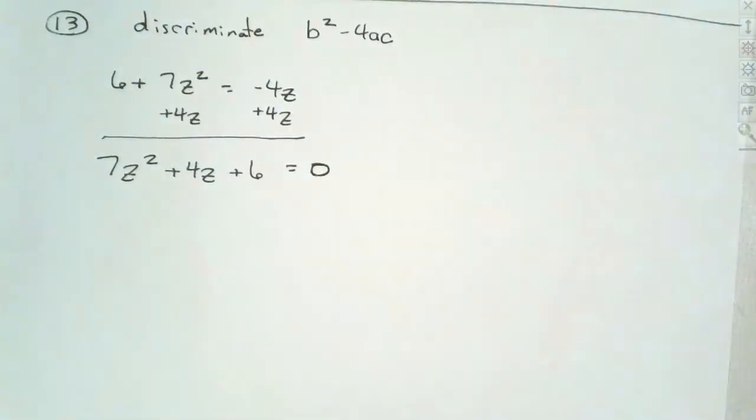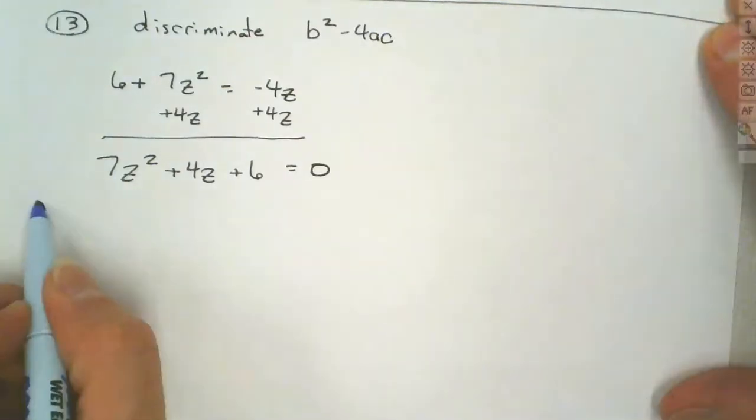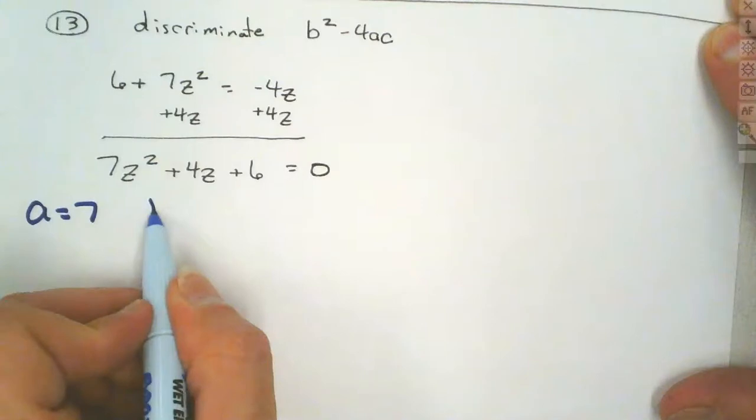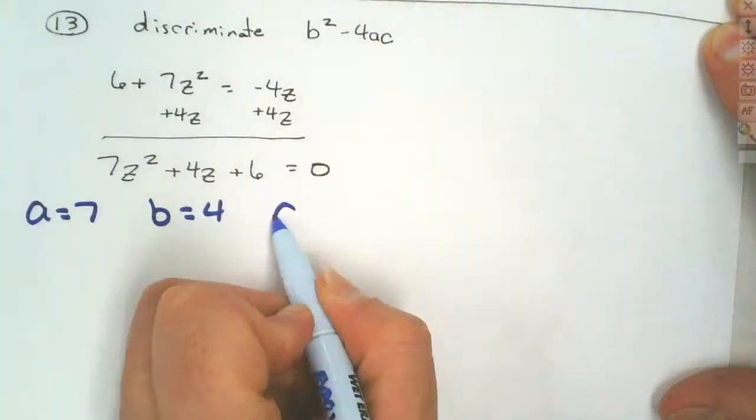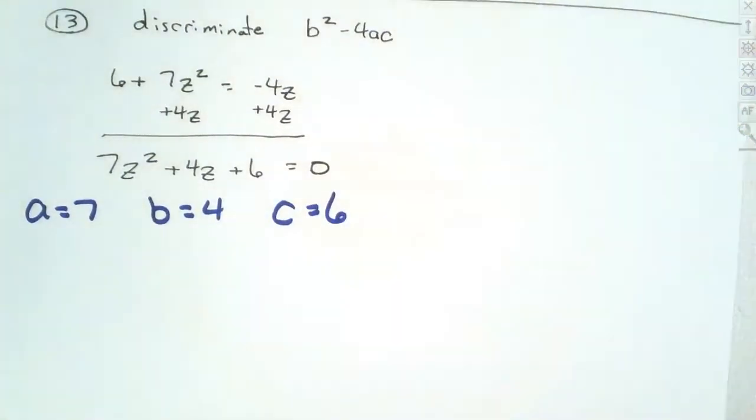We're not going to use the quadratic formula. We just want to determine the number and the types of solutions. So quickly here, a is 7, b is 4, c is 6. It's in the correct order.